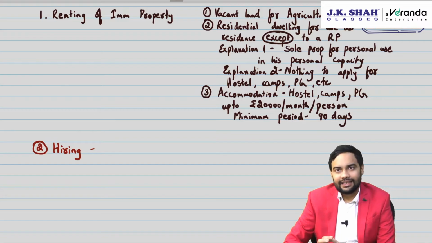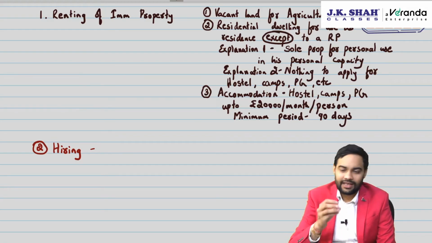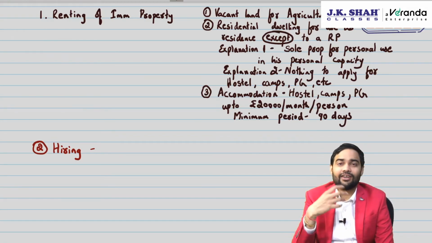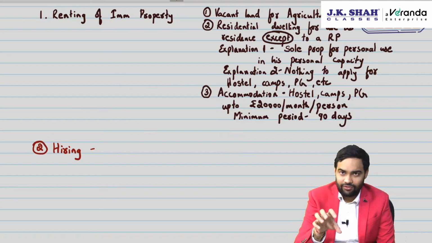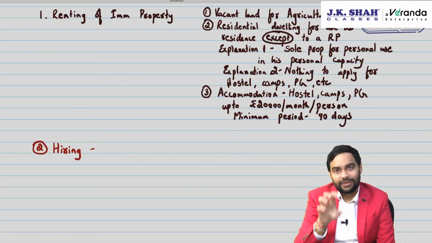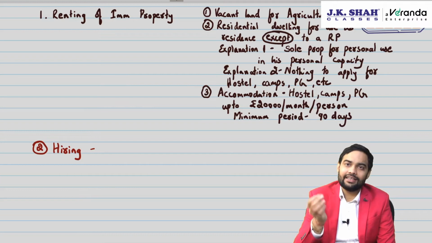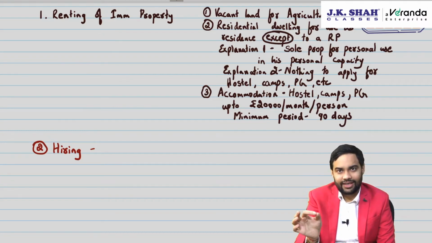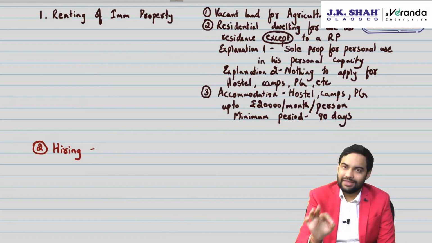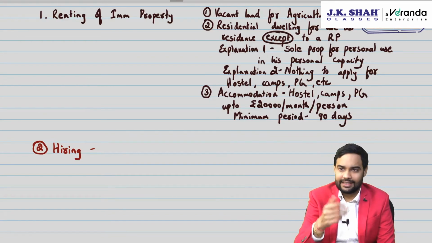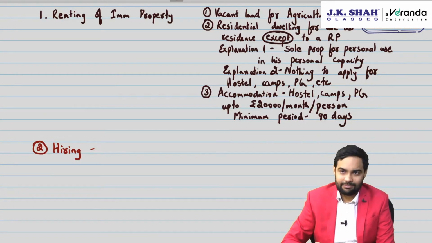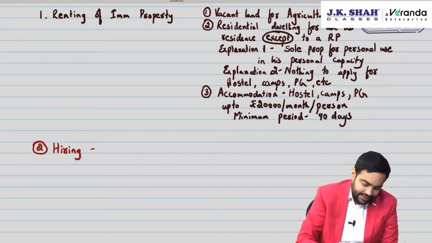And then an electric vehicle given to a local authority. Last one, a motor vehicle for transportation of student, staff or faculty given to a person who is providing transportation of student, staff, faculty to preschool or up to higher secondary, that is also exempt. So this is about hiring.